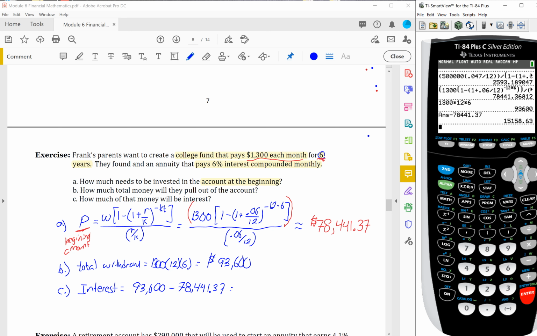And I get $15,158.63 of interest that we got to benefit from while this annuity is in its payout phase.